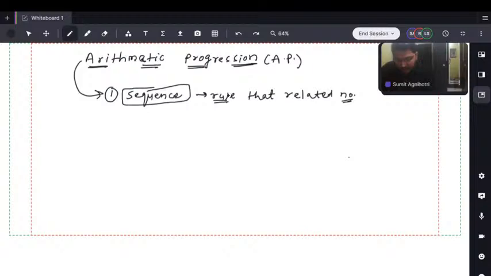See, 0 is here, 3 is here, 8 is here, 15 is here. Can you guess the next two numbers?